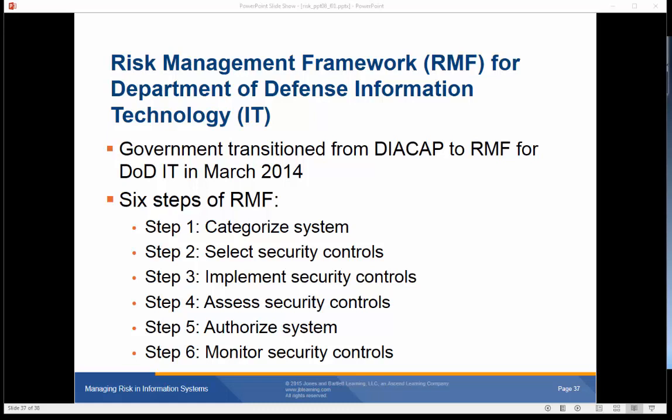Authorize the system is based on the determination of the risk to organizational operations and assets, individuals, other organizations, and the nation resulting from the operation of the information system, and the decision that this risk is acceptable. And finally, monitor security controls in the information system on an ongoing basis, including assessing control effectiveness, documenting changes to the system or its environment of operation, conducting security impact analysis of the associated changes, and reporting the security state of the system to designated organizational officials.